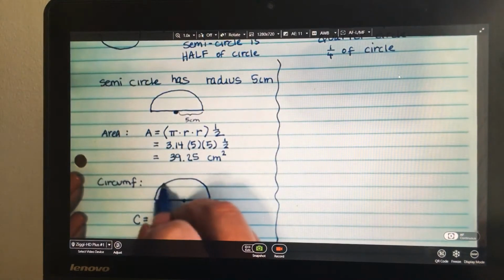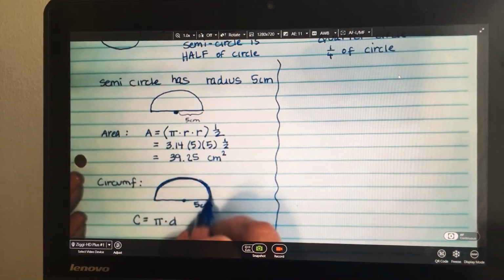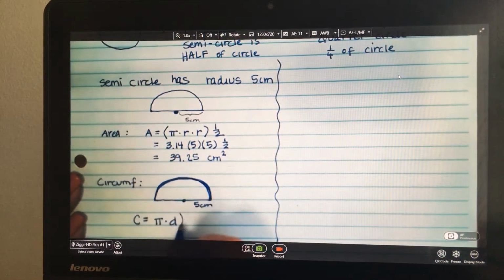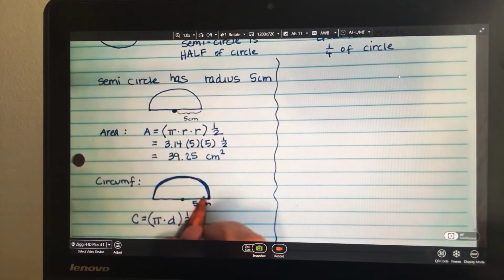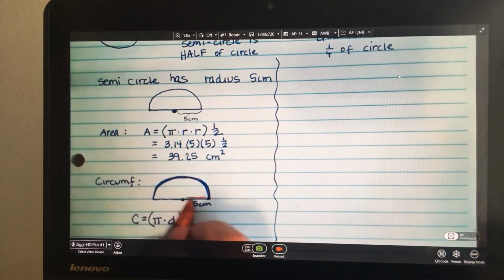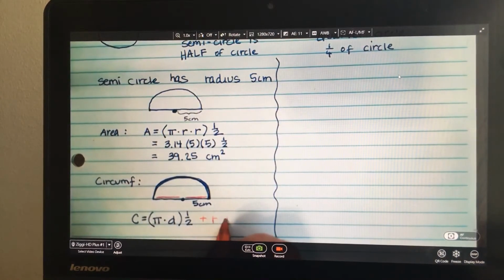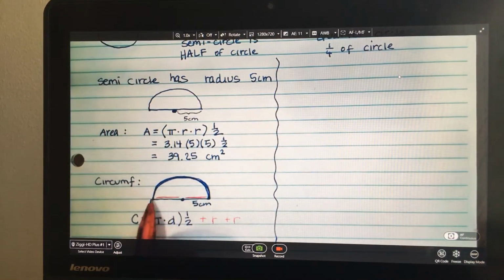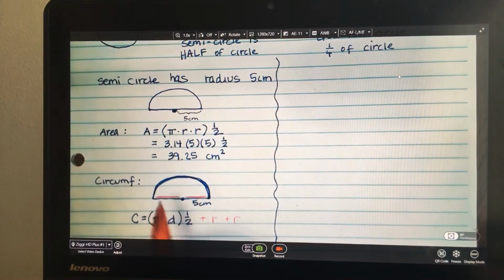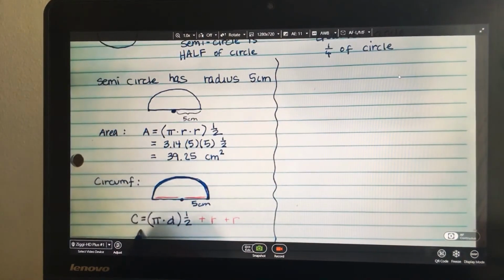And half of a circle means that we want just half of the distance around, so this amount is multiplied by 1/2. But what we also have to consider is that to finish this shape, we need to go a distance of a radius and another radius. So we need to add radius distance and add another radius distance, and that will complete the distance around this semicircle. So let's go ahead and fill in our values.